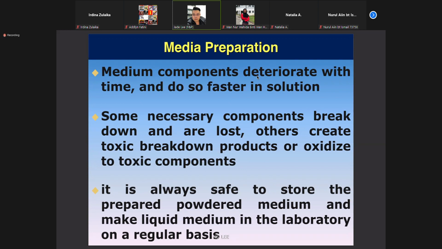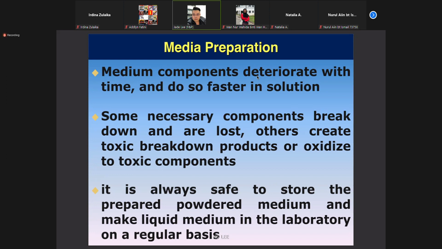For instance, when you plan your experiment, you have to be very careful. When you want to culture your cell in the next 6 months, you don't prepare the media now, because the duration is too long and the nutrients could have broken down, and the media may have lost its properties.